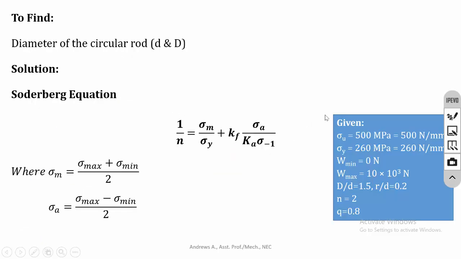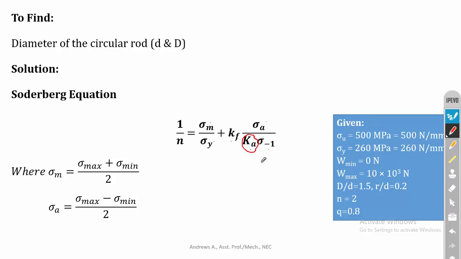We'll use the Soderberg equation to solve the problem, and the equation is 1 by n is equal to sigma m by sigma y plus Kf sigma a divided by Ka into sigma minus 1. Here it is axial load, so I have multiplied Ka here. Here n is given.